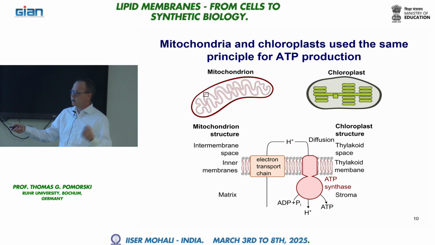That allows generating a proton gradient, and this proton gradient is then used by a second transporter complex, a second membrane protein, to generate ATP. That's common for the mitochondria in our cells, and those two protein transport complexes would be localized on the inner membrane of the mitochondria. And in the chloroplast, they would be localized in the thylakoid membranes.